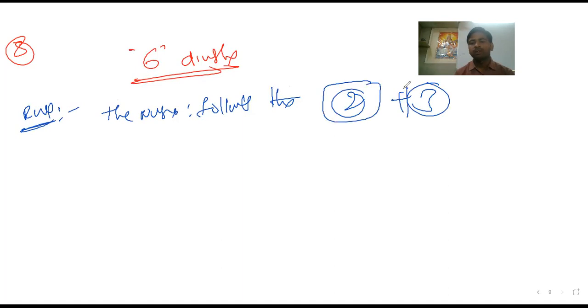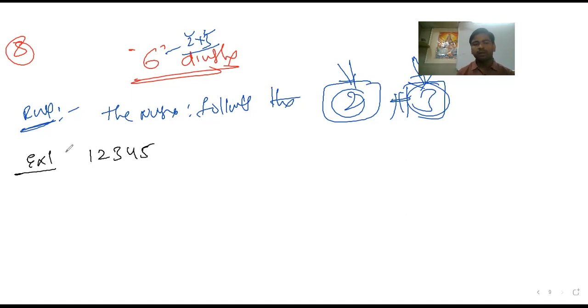Both divisibility rules must be satisfied. Then only it is divisible by 6 table. Because 6 means 2 3s are 6, right? It should satisfy the 2 table rule as well as the 3 table rule. What's the 2 table rule? The last digit. The 3 table rule is the summation.